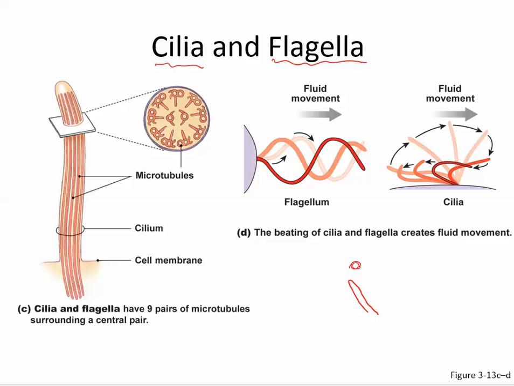So here's a particle that gets trapped in the mucus, and these cilia will move in this direction, kind of like this is trying to show. So then it's over here now, but then it bends backwards and sneaks back over to this side, moving this way, and then it moves it again. So it's moving something in one direction. It's moving fluid in one direction.